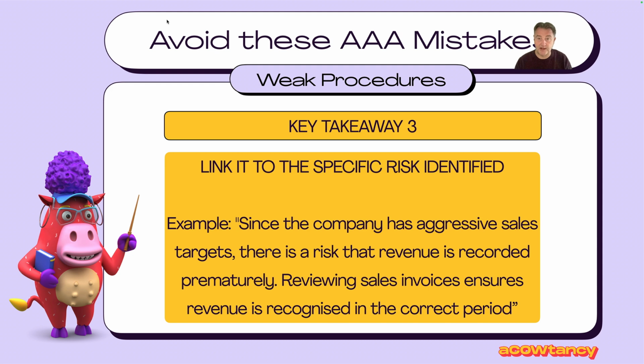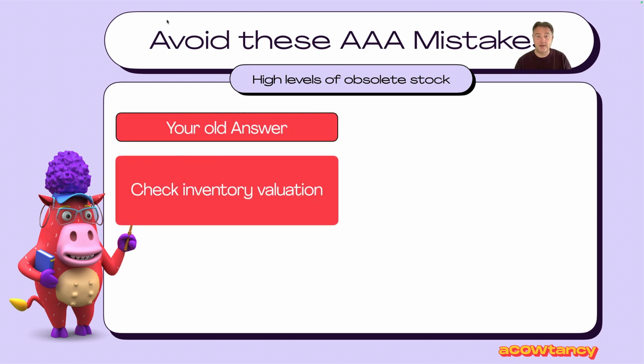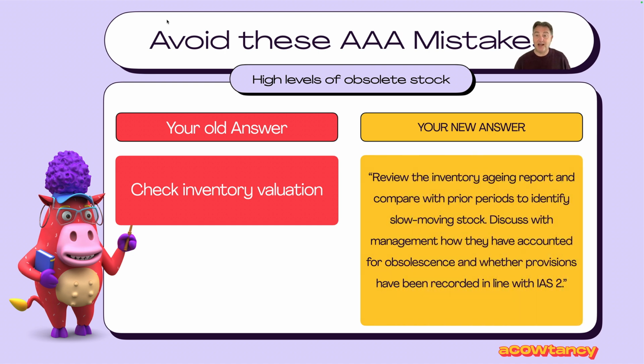Okay, so you should be getting an idea now of what it is that the examiner is looking for in audit procedures. So you've noticed, or the scenario's told you, there's a high level of obsolete stock. Your old answer would be, yes, I'm worried about valuation of inventory being too high, so I'll check that inventory valuation. Your new answer would say, how are we going to do it?